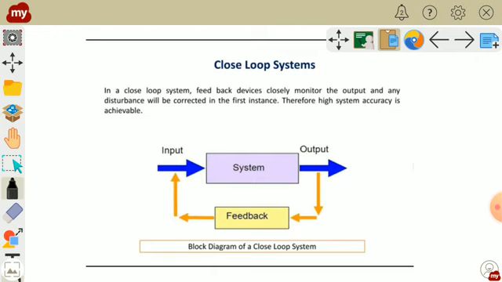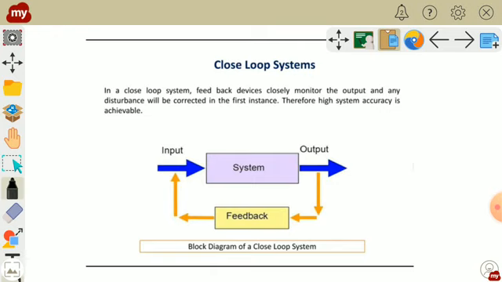Now next is the closed loop system. Here is the block diagram. We are giving input at one end and getting the output at another end. The output is sensed by the feedback mechanism, and this feedback is again given to the input. Got it? The feedback signals generated are given to the input for further corrective action.